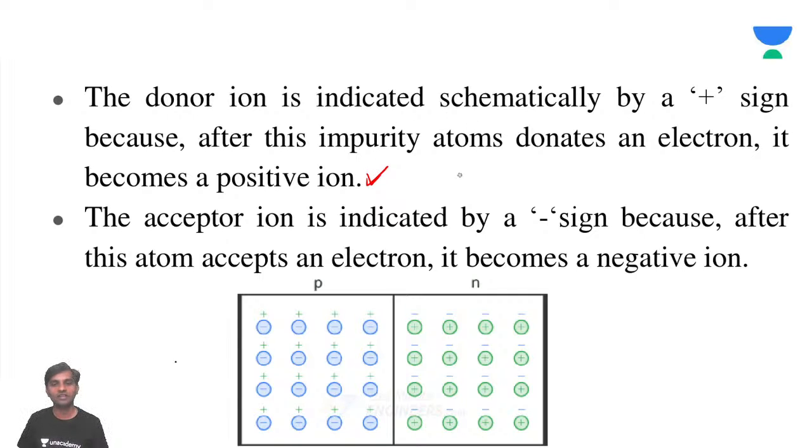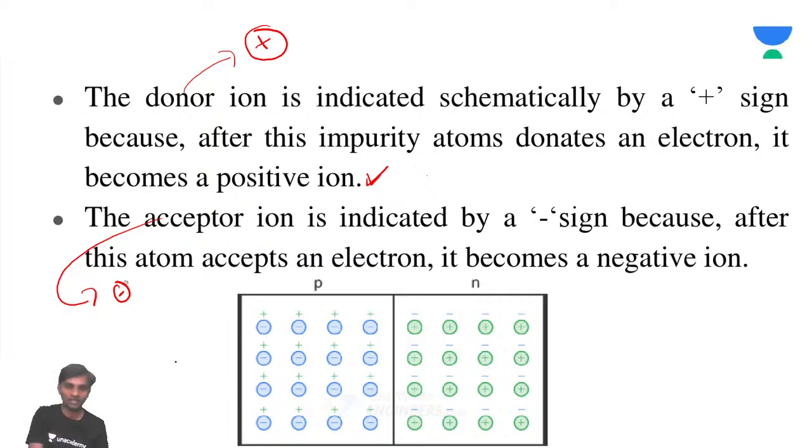So a positive ion means a donor, and a negative ion means an acceptor. I have already discussed why donor is represented with positive and acceptor with negative, but I'll explain again.